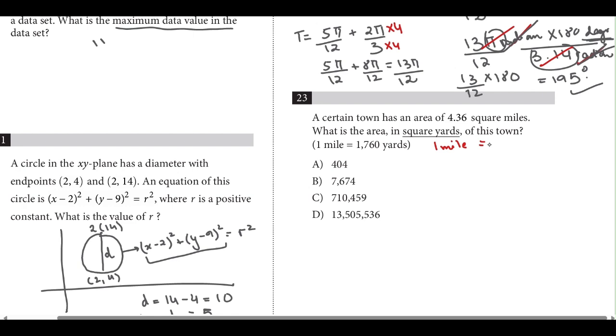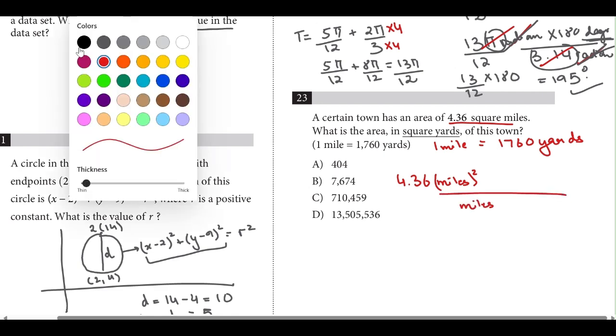So 1 mile is equal to 1760 yards, that we already know. And how much area is it? It's 1.36 square miles, which means miles squared is equal to how many square yards?